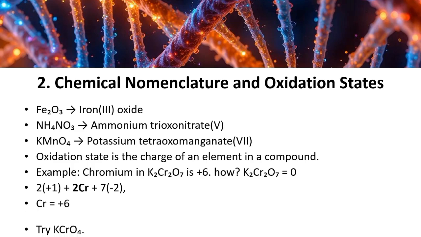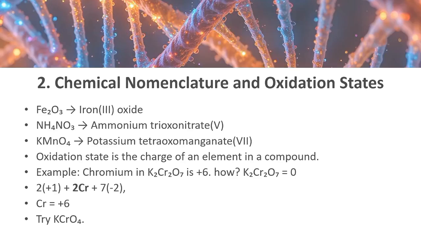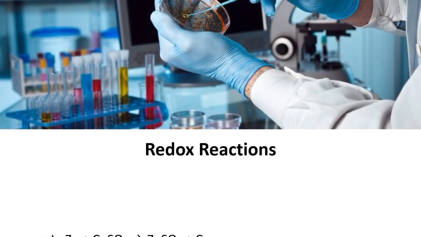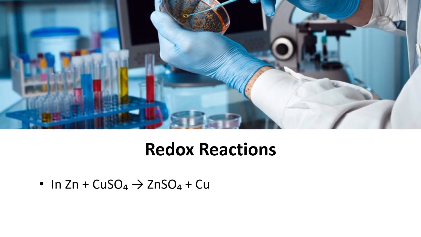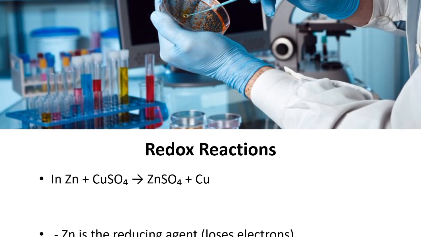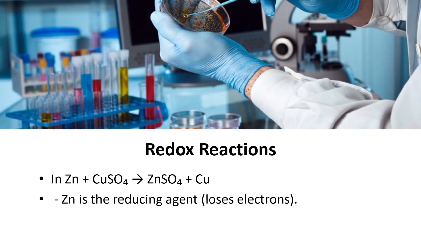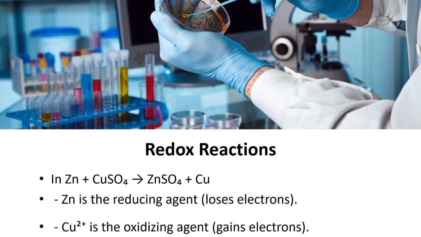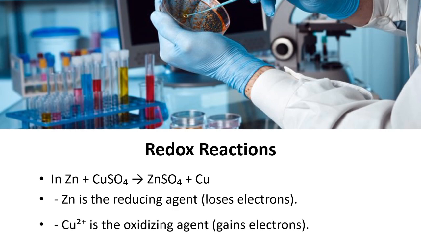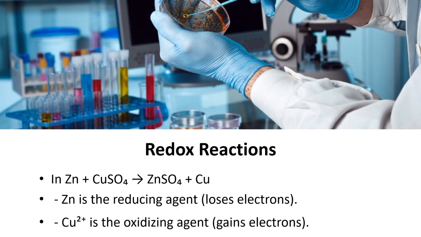Try KCrO4. In the reaction between zinc and copper(II) tetraoxosulfate(VI), zinc acts as the reducing agent, donating electrons, while copper(II) ions serve as the oxidizing agent, accepting electrons. You can try finding the oxidizing and reducing agent in chemical equations.